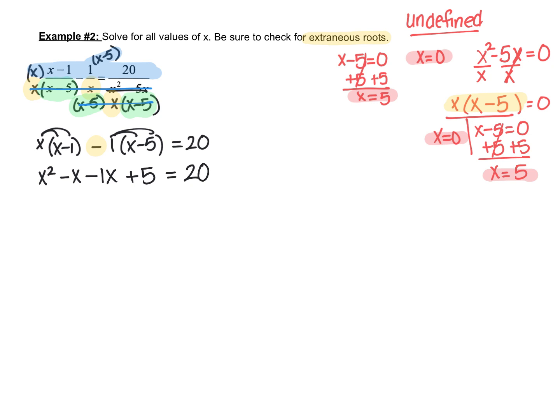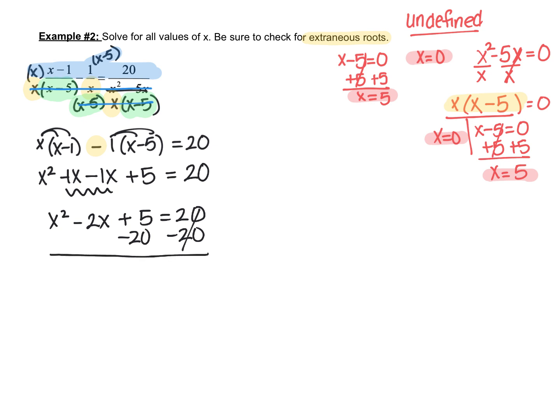Now we're just going to combine like terms and set it equal to 0. These two are my like terms. So x squared minus 2x plus 5 equals 20. To set it equal to 0, I'm going to subtract 20 on both sides. So I get x squared minus 2x, 5 minus 20 is negative 15, equals 0.